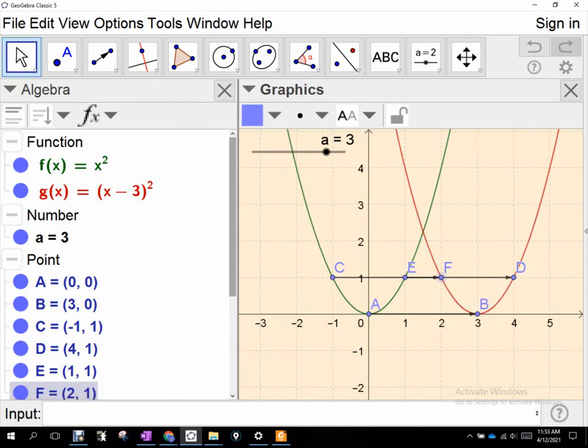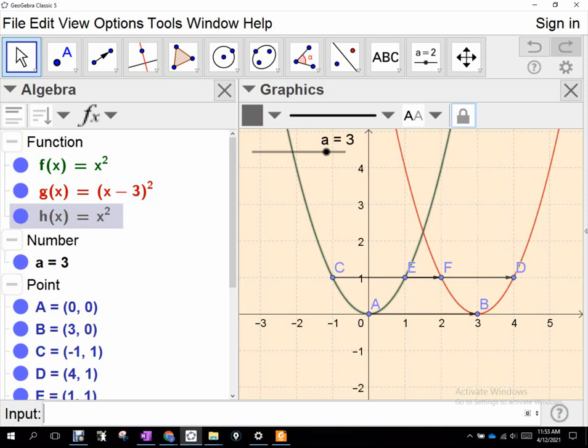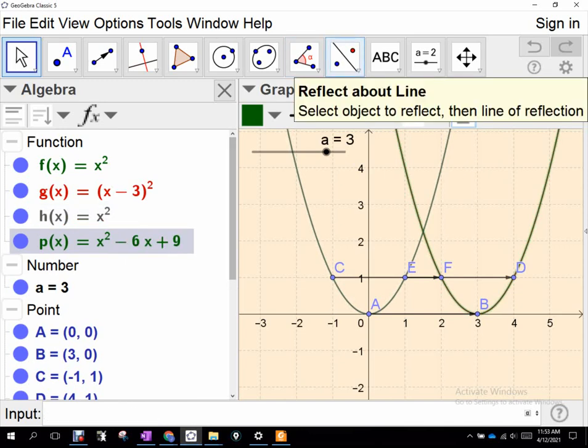So if you guys remember, if I had x squared as my graph, and I wanted to find out what x minus 3 in that format.